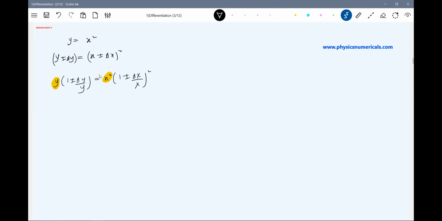So then this will become 1 plus or minus delta x by x whole square. So this will be 1 square plus delta x by x whole square, plus or minus 2 into 1 into delta x by x. This one also gets cancelled.